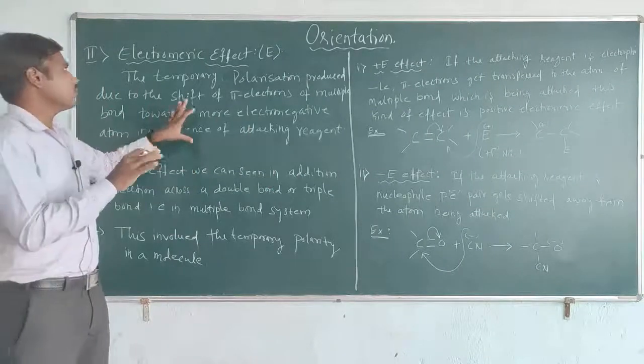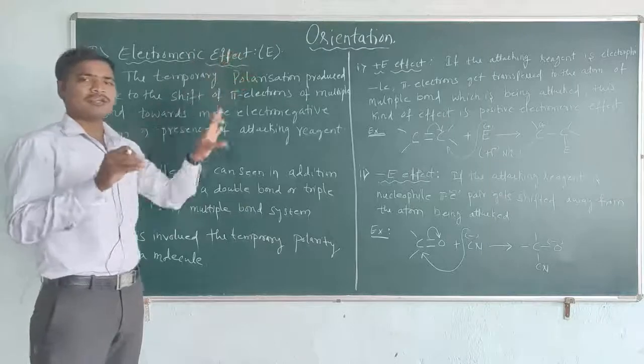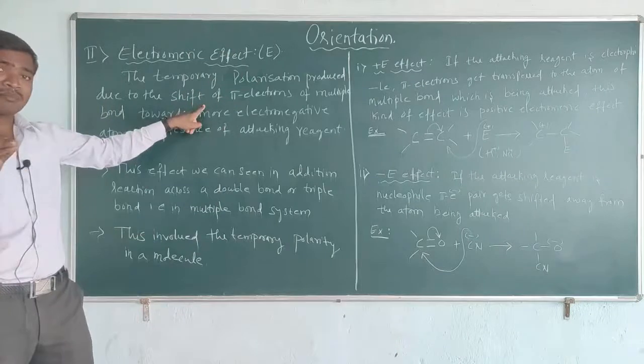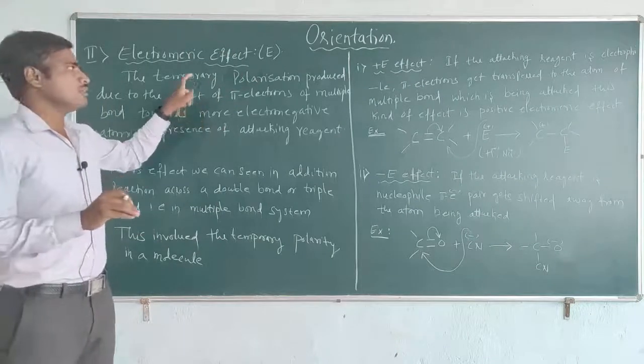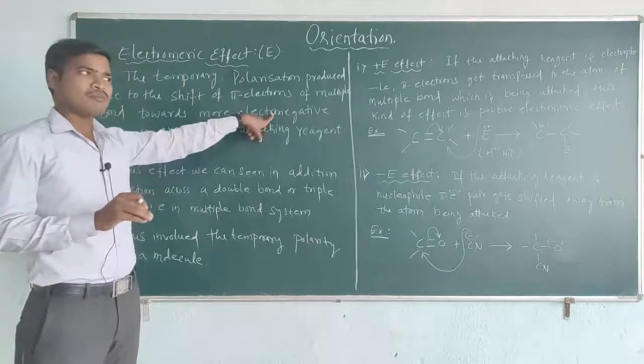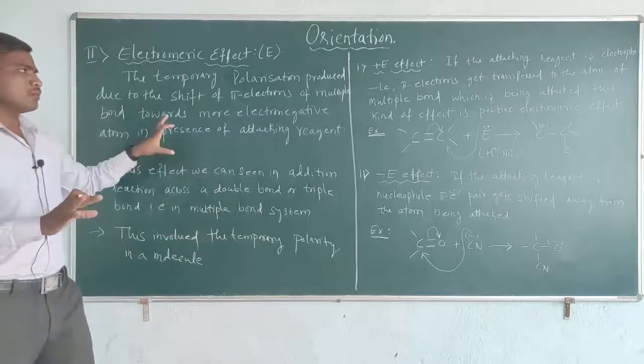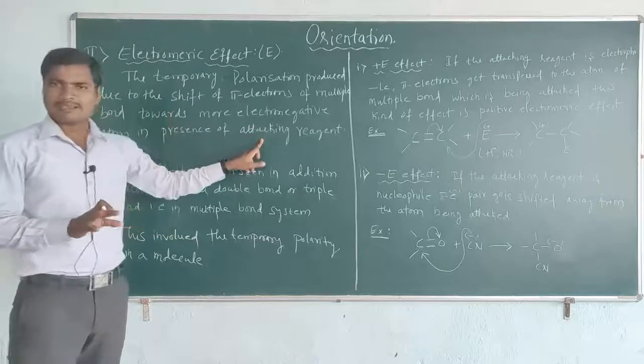So the meaning of the electromeric effect is the temporary polarization of the pi electron in a multiple bonded molecule, that means in a double bond or triple bond molecule, in the presence of an attacking reagent.